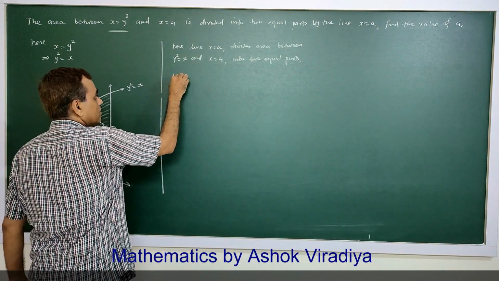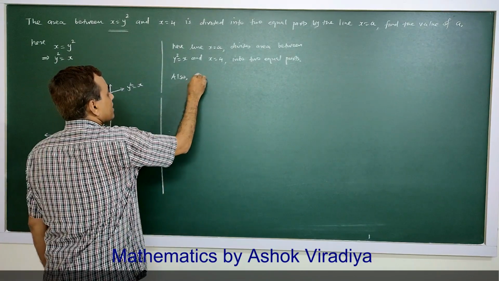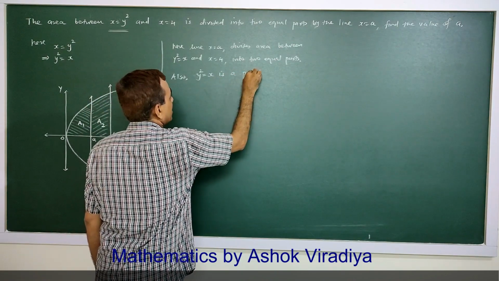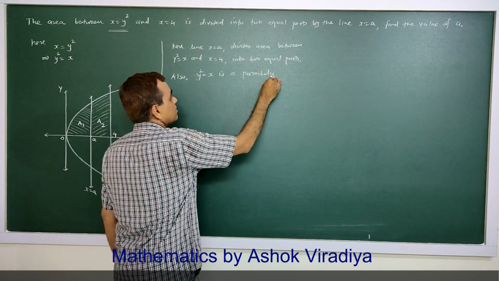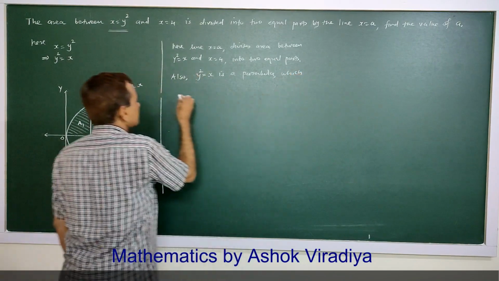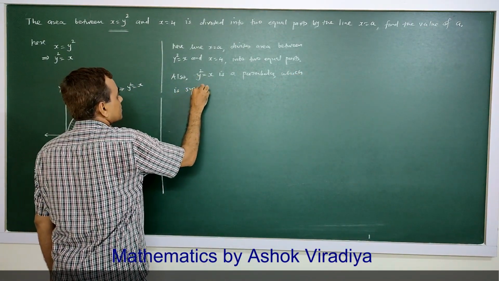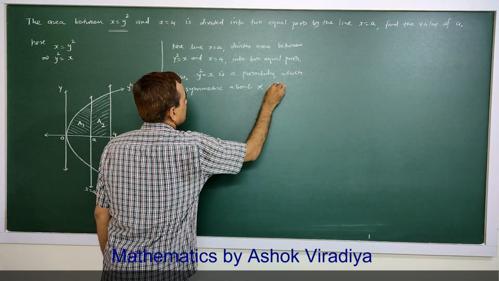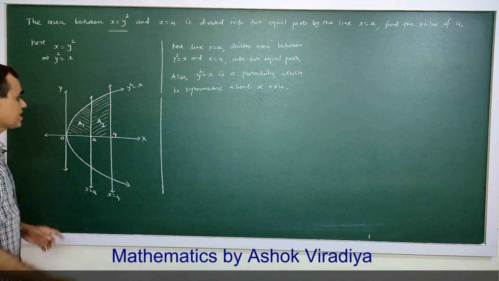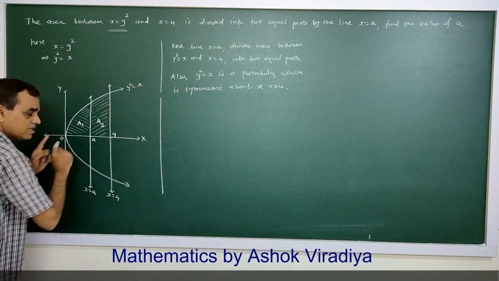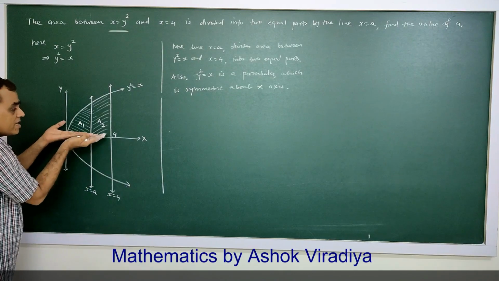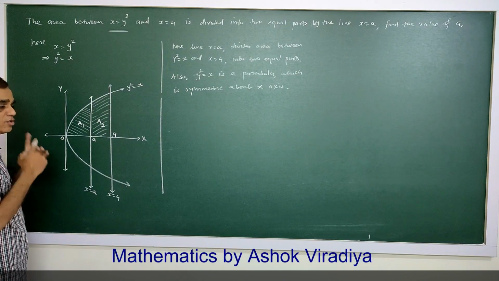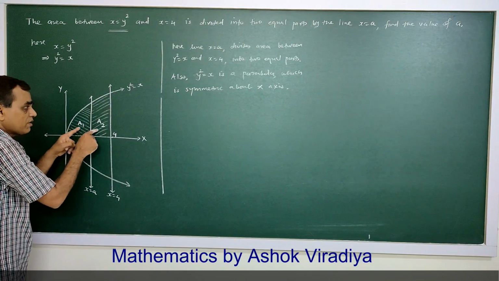Also, y square equal to x is a parabola which is symmetric about the x-axis. That means the area above the x-axis is equal to the area below the x-axis. So therefore these two areas will be equal.